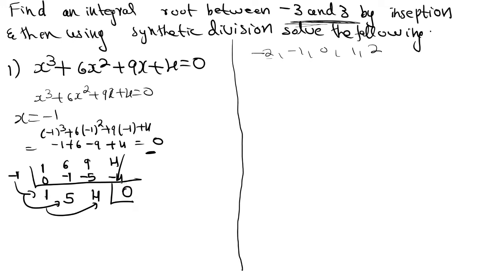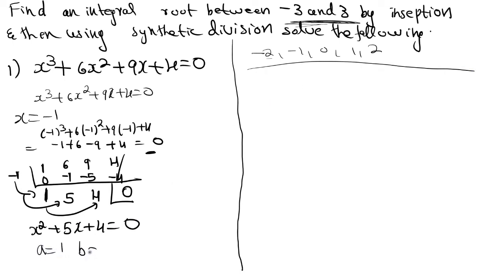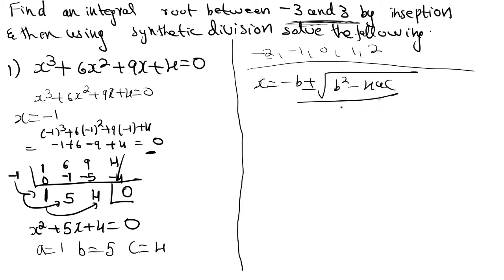Remainder is equal to 0. Now consider the quadratic equation. What is the coefficient of x square? 1. So you will get x square plus 5x plus 4 equal to 0. Apply the formula method or the factorization method, your wish. Suppose I am applying the formula method: a value is 1, b value is 5, c value is 4. x is equal to minus b plus or minus square root of b square minus 4ac, divided by 2a.